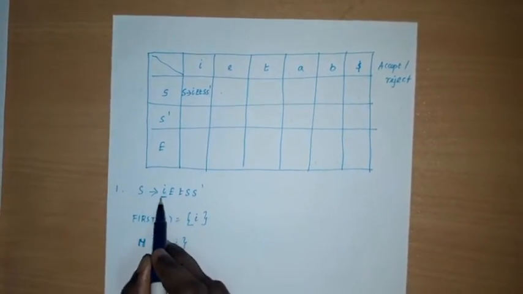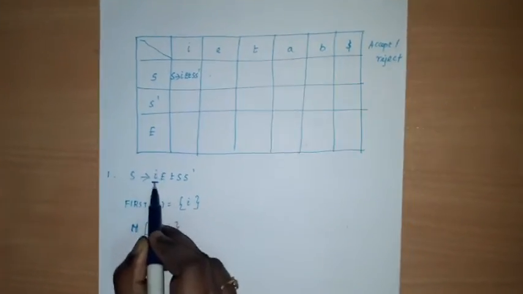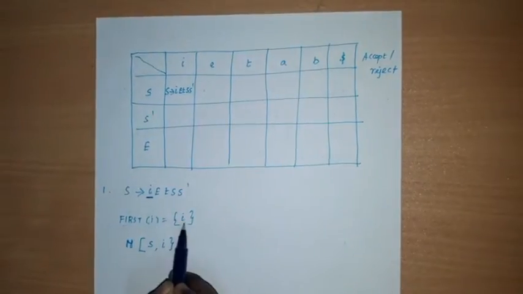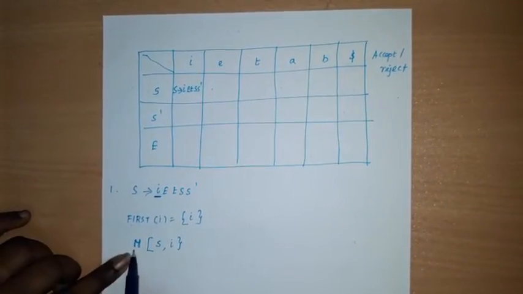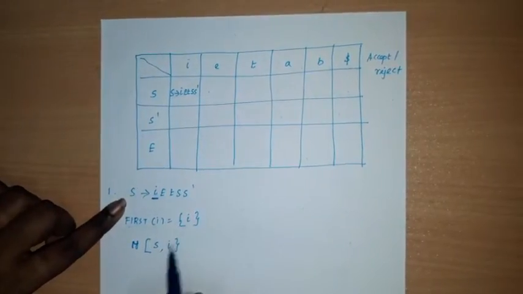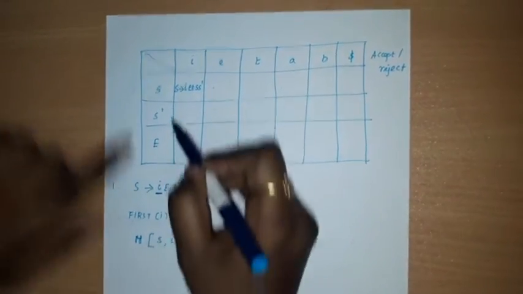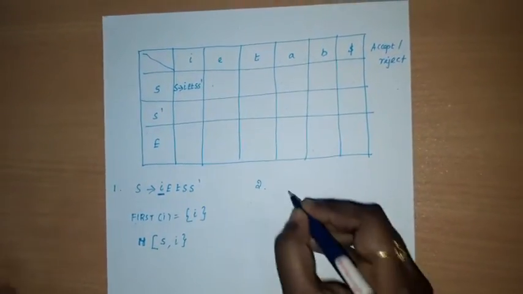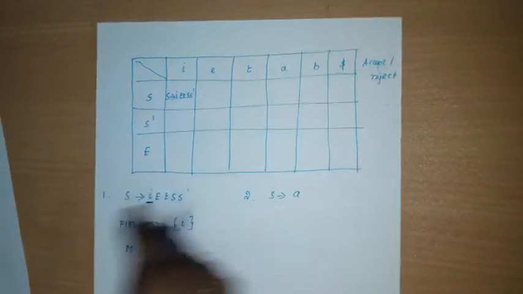Then we have to find out the first value of the right side first symbol. First of i is equal to i, terminal value i. So the result is i. Making table entry of left hand symbol S comma the result. So S, i, the first production. The second production is S tends to a.